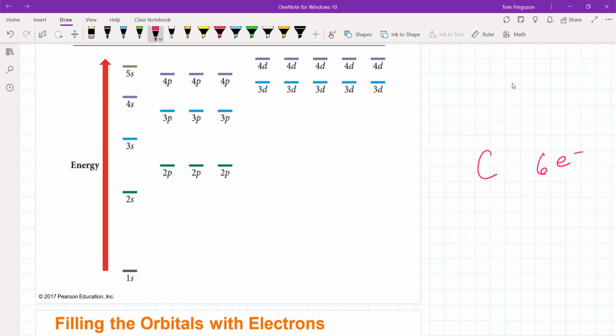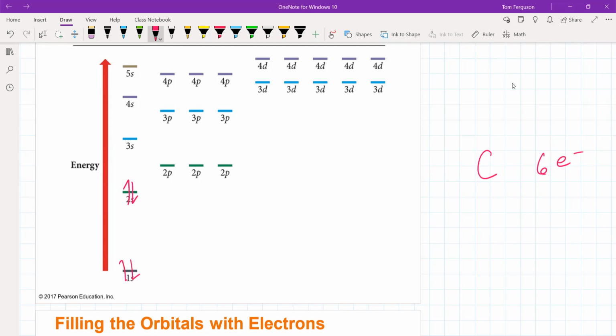6 electrons. We want to put the electrons in the most stable orbital first. Which is the most stable orbital based on this chart? 1s. Okay, how many can go in there? 2. Remember, orbitals can only have 2. That leaves 4 left. Where are they going to go? What's the next most stable orbital? 2s.